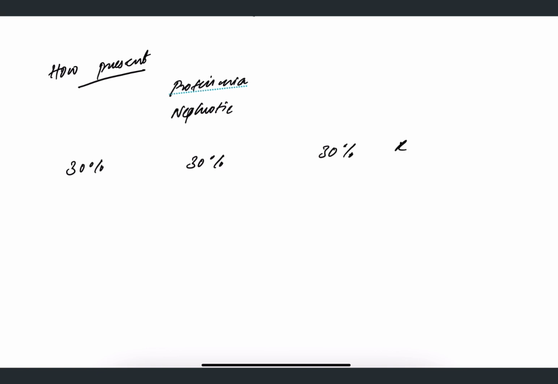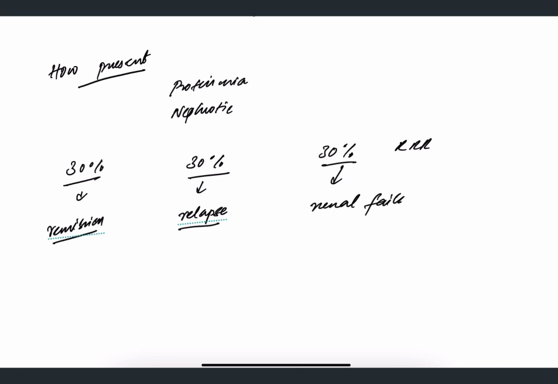That is RRR. 30% of the patients have spontaneous remission, and once remission happens, it is a good long-term prognosis. 30% of cases, even after treatment, get a relapse. And 30% of cases progress to renal failure.